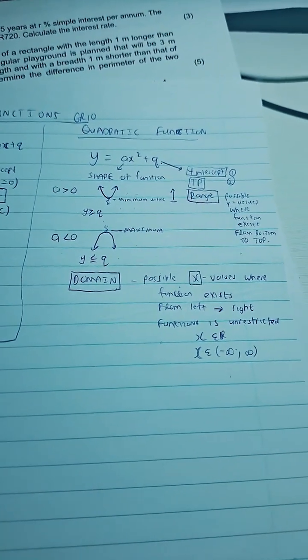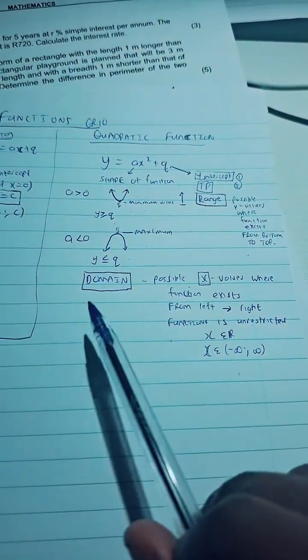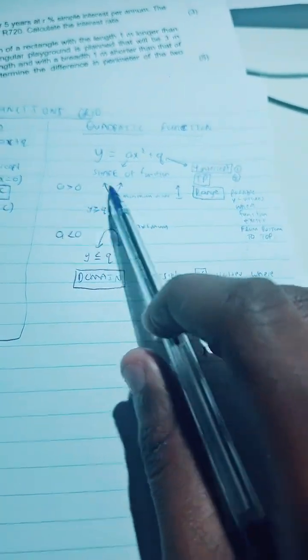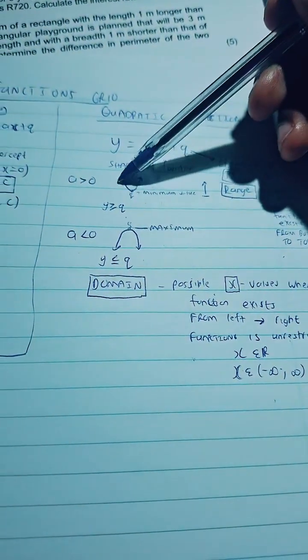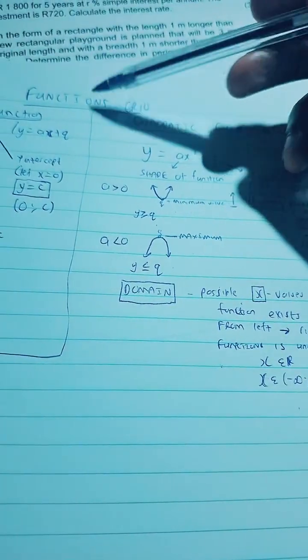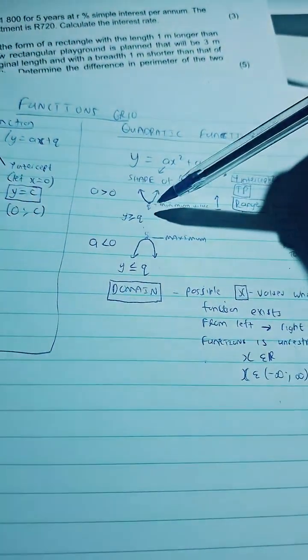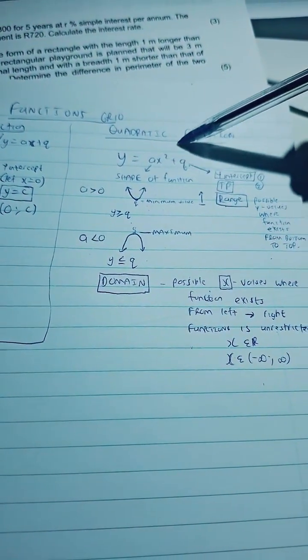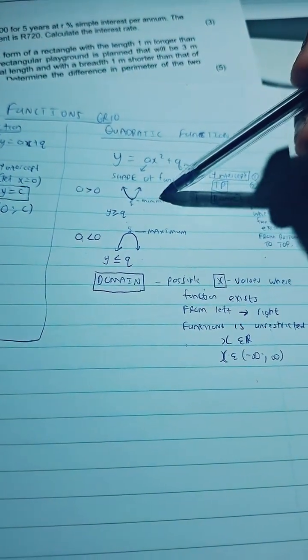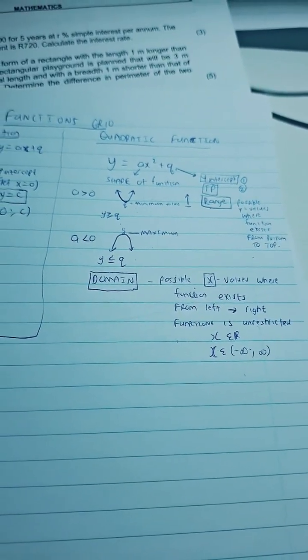Because if we look from left to right, remember these arrows indicate that the function will continue to exist infinitely. It goes on and on, which means from the left we are coming all the way from negative infinity, and then it turns here and goes on and on. So the function will continue to exist everywhere on the right.